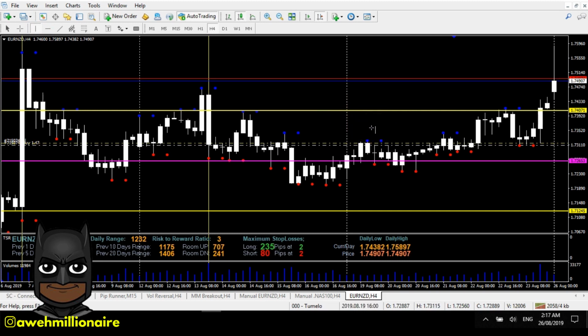And where were those clues? Well, the first clue was this candle that broke the zone. It broke the zone with a high volume, but then the price failed to continue down. The momentum failed to continue down, which was the first clue.